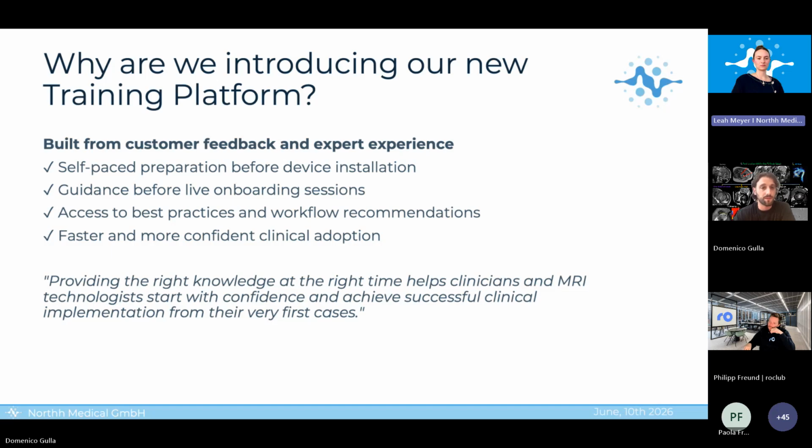It's guidance before the live onboarding session, and access to best practice workflow recommendations. It means faster and more confident clinical adoption, so people can do self-learning on our webpage, and we provide the right knowledge. I like this sentence: providing the right knowledge at the right time helps clinicians and right technology start with confidence and achieve successful clinical implementation from the very first cases.